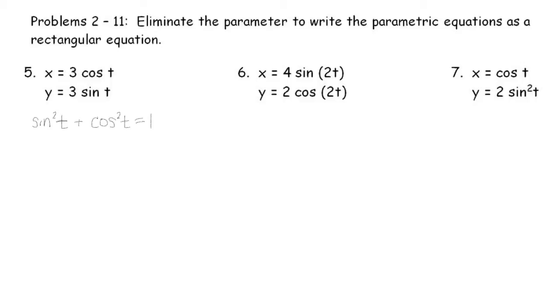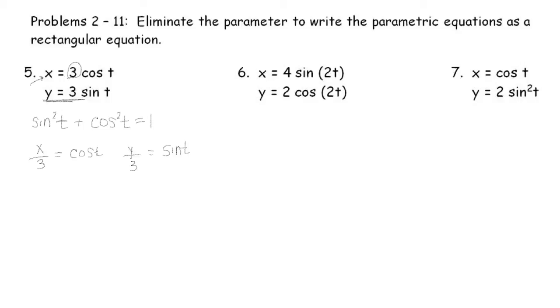So our goal for these problems would be to get sine and cosine by itself on one side. And so for the top one, I'm going to divide both sides by 3. And when I do that, I have x over 3 equals cosine t. And I'm going to do the same thing for this equation down here. I'm going to have y over 3 equals sine t.